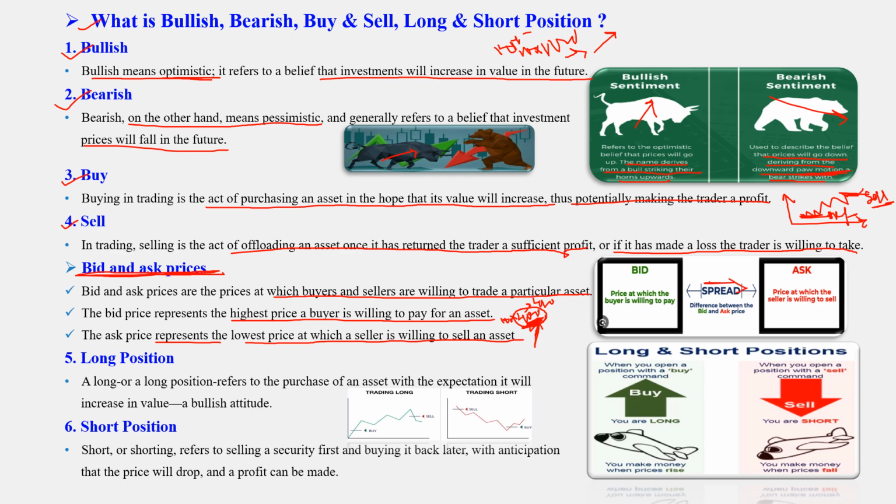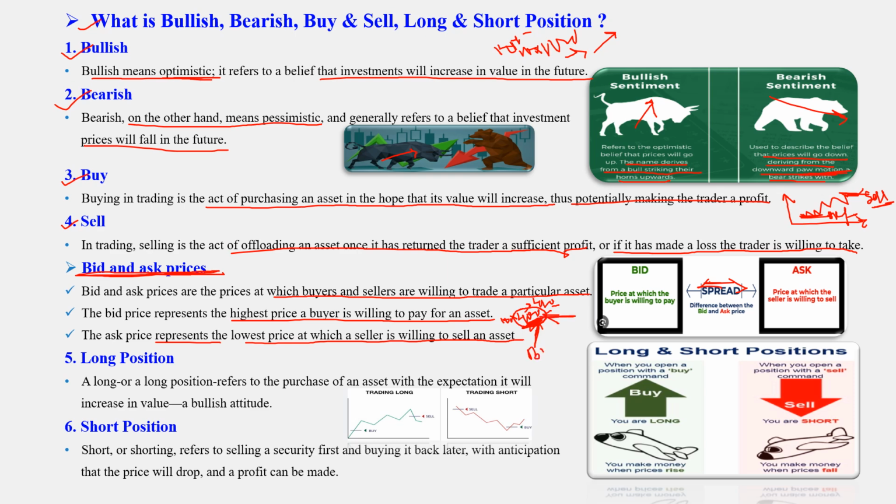The current stock price may sometimes be 405, but the highest price a buyer is willing to pay for this asset is 400. This is the highest price, the bid, and the ask price represents the lowest price at which a seller is willing to sell an asset.